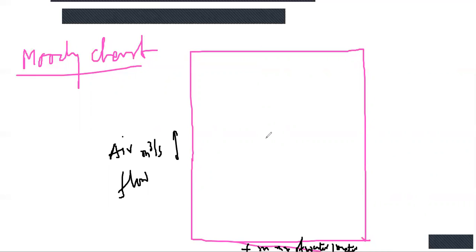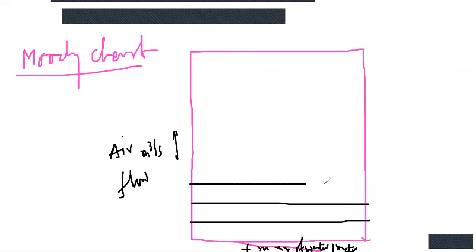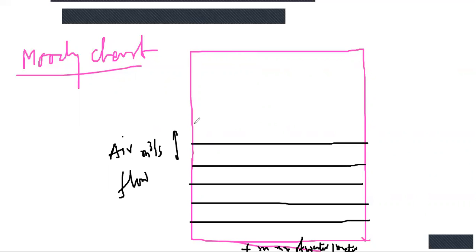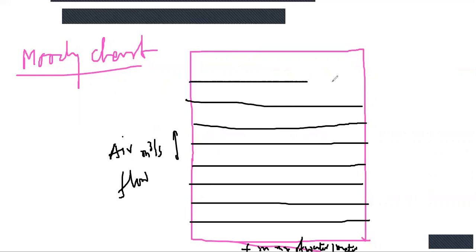Okay. Now, first of all, the airflow lines. All of these black lines are airflow, my flow rate of air in terms of meter cube per second.